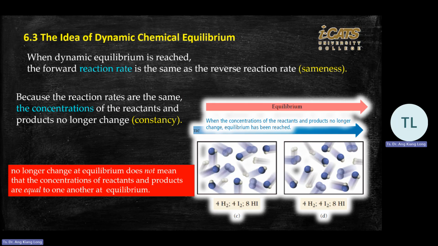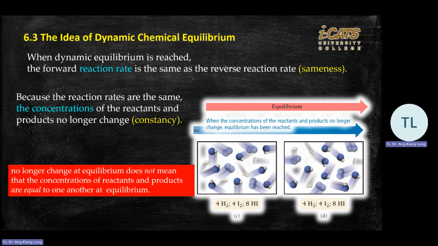Another careless mistake. No longer change in equilibrium does not mean that the concentration of reactant and product are equal to one another at equilibrium. It means this small number here, this a, b, c, d, does not balance. It's not like 4 here. No, it doesn't mean that.